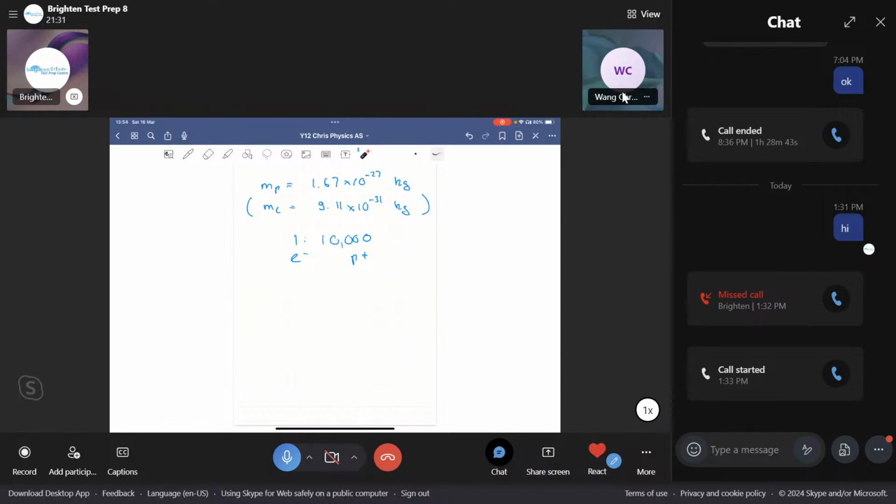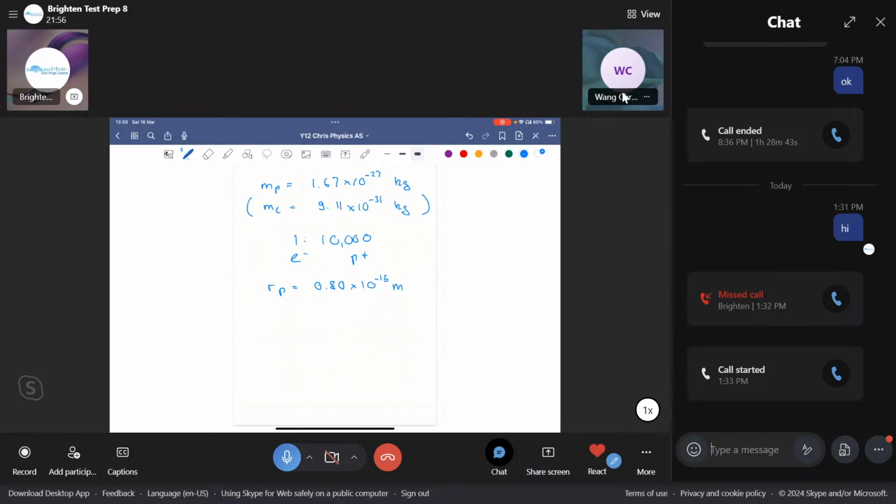So now we want to go into the density, right? So the radius of a proton, we can't really 100% give the exact value. It's within some uncertainties due to the Heisenberg uncertainty principle.